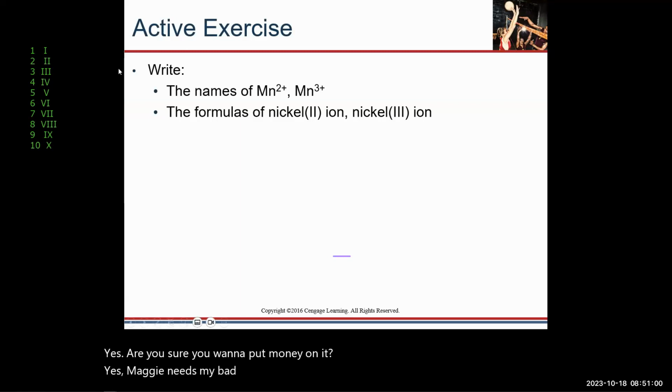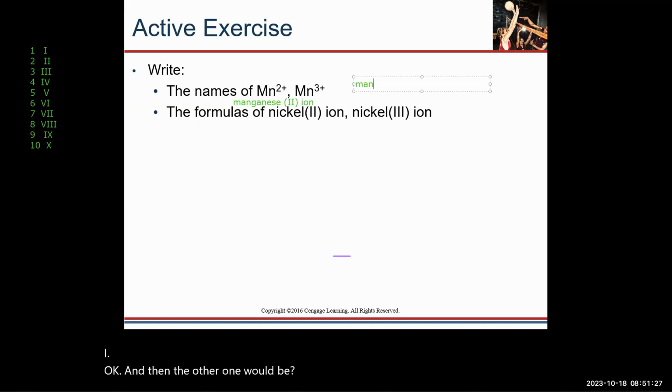Manganese. Man, I could have got some free money. Okay, so we know it's manganese. And then you said manganese. What will be the Roman numeral? I. Okay? And then the other one would be 3 I's.